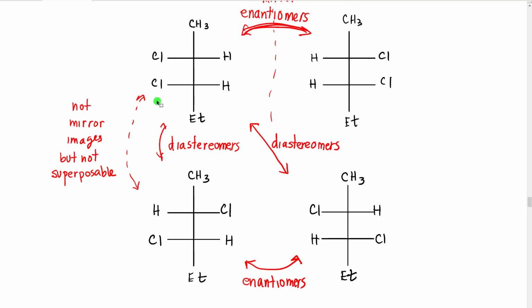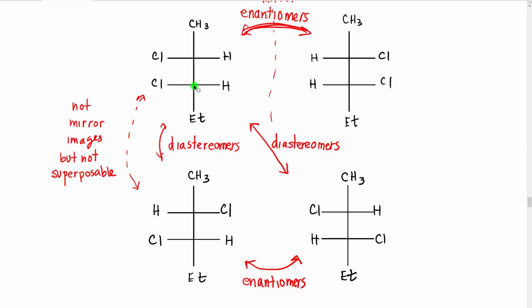So overall, we have our original molecule, it has one enantiomer, and then it has two more diastereomers. We have a total then of 4 stereoisomeric molecules with this basic Lewis structure configuration.